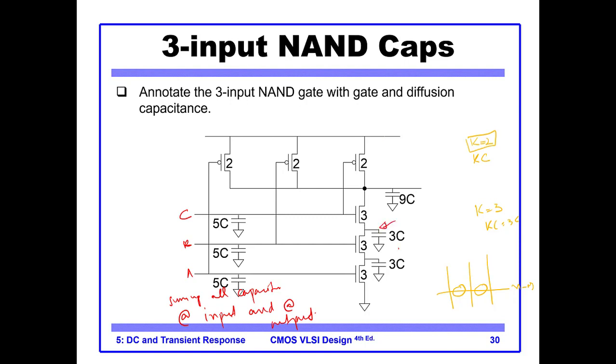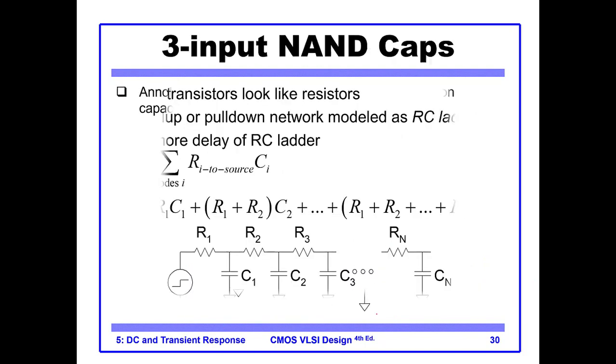See that these capacitors stay where they are, and there was another capacitor here, if you remember. Because it is shorted, this one also goes away. Okay, so this is how you convert your input circuit into all the capacitances needed.